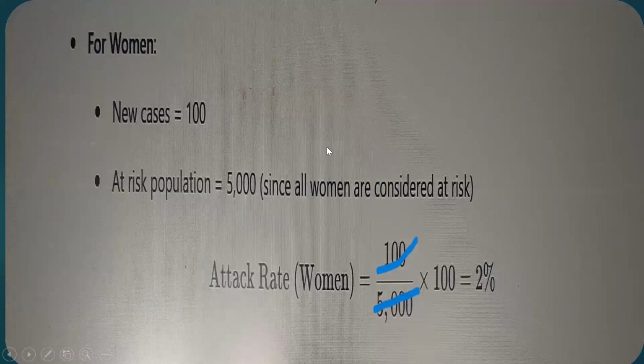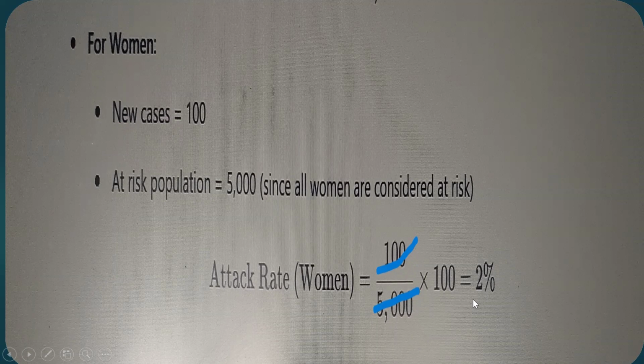Then for women, the new cases we recorded were 100. And the at-risk population of the women was 5,000. So the attack rate would be the new cases over total population exposed times 100. That will give us 2%.